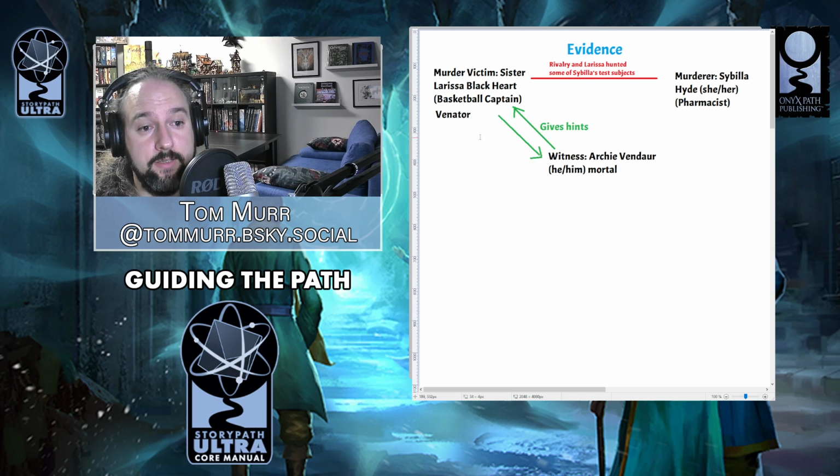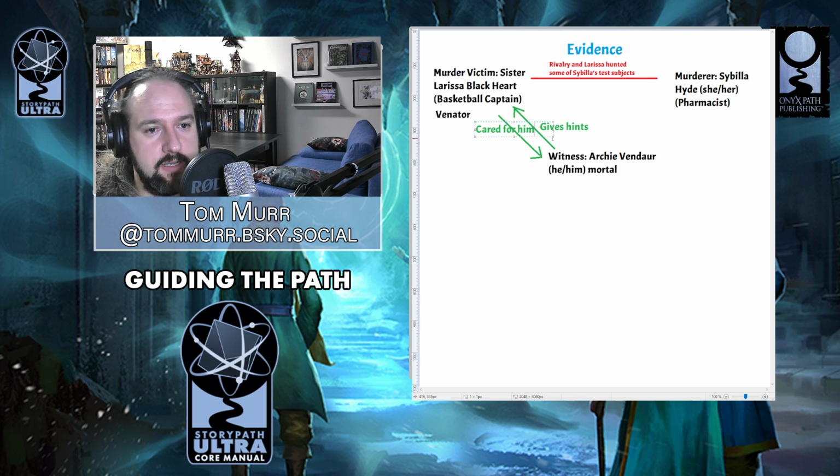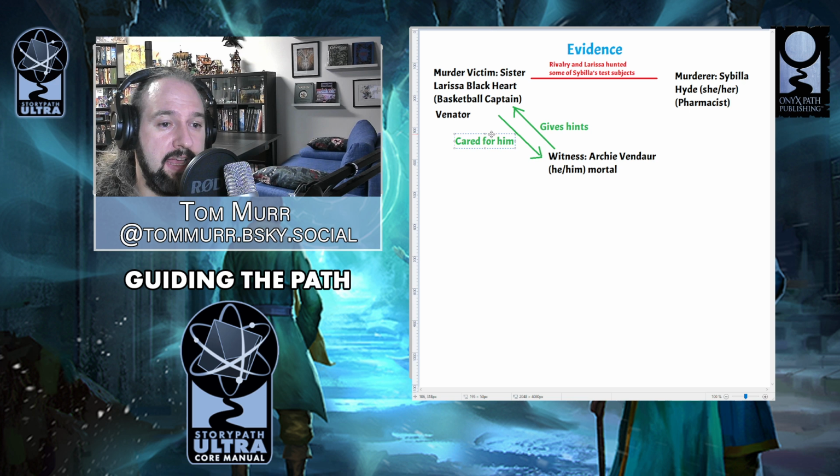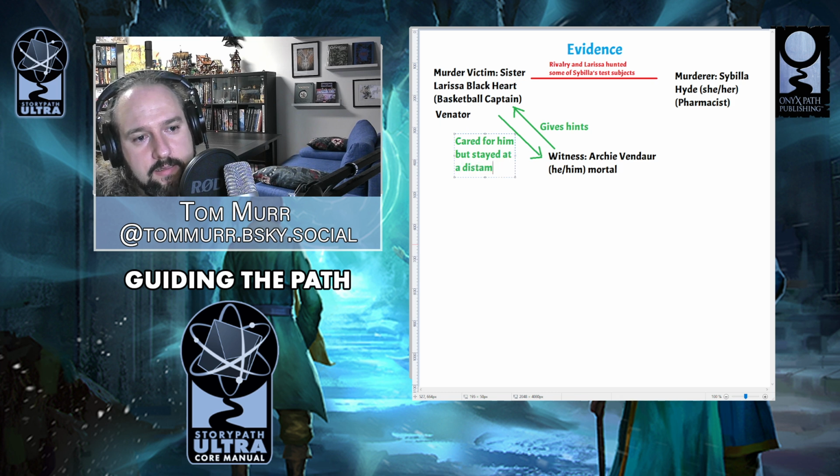Larissa cared for him. But since she's in a convent and a Venator, he would be in a lot of terrible danger if she actually tried to confess her feelings or something like this. But stayed at a distance.